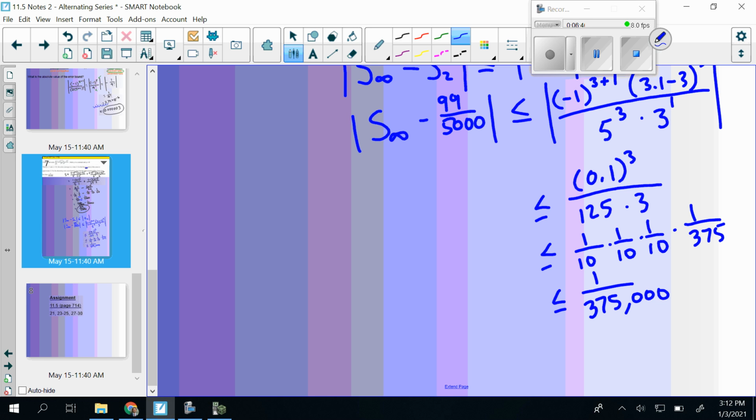And they wanted us to show that this was less than 1 over 300,000. And that certainly is, because 375,000 is definitely larger than 300,000, and the bigger the denominator, the smaller the number. So that would be enough here to show that our error bound is less than 1 over 300,000.